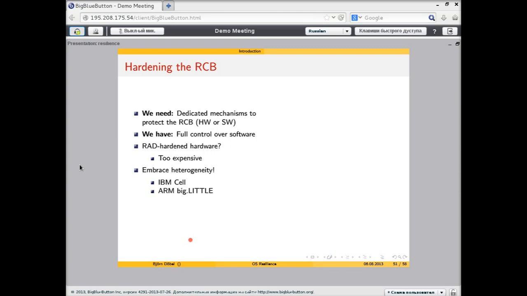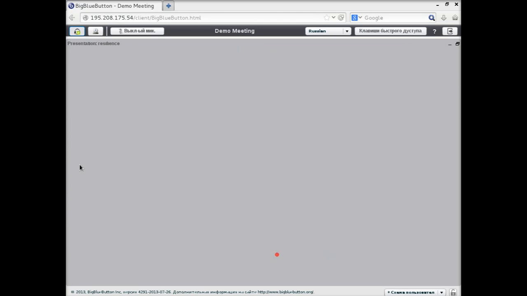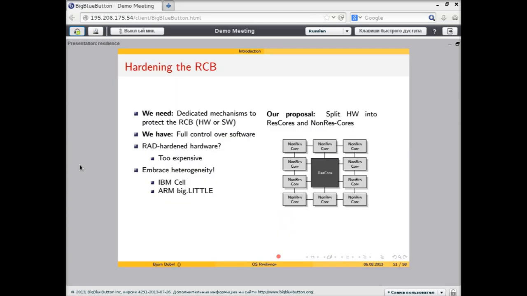And our idea at this point now is, hey, why can we not have an architecture that does a similar thing for reliability? In our vision, we have a multi-core system consisting of reliable and non-reliable cores, and we call these resilient cores and non-resilient cores. If we have such an architecture, what we could do is map our replication system by running the replicas that are protected by the replicator on non-resilient cores, whereas all components that are part of the reliable computing base are running on a resilient core.